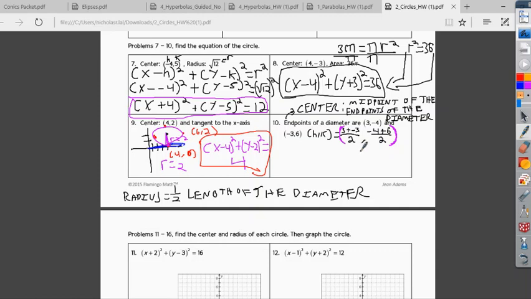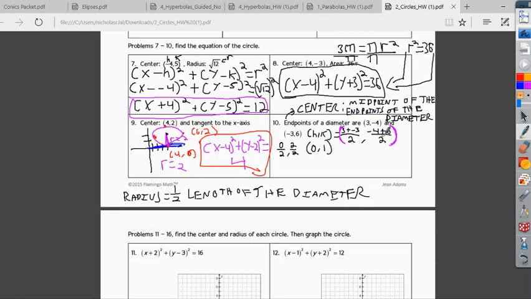Simplifying, this becomes 0 over 2, comma, 2 over 2, which simplifies to (h, k) being (0, 1).